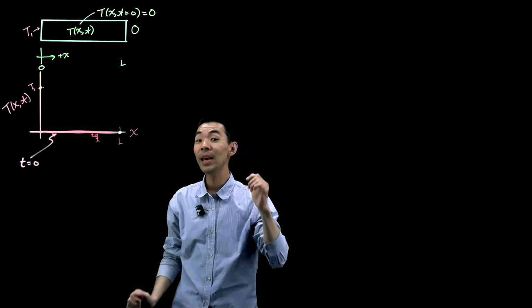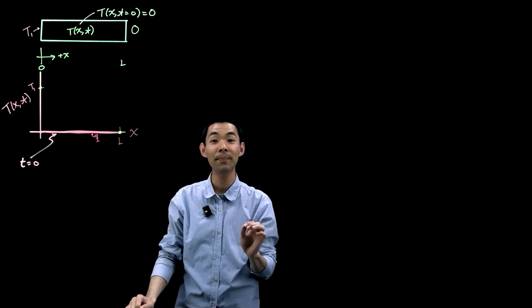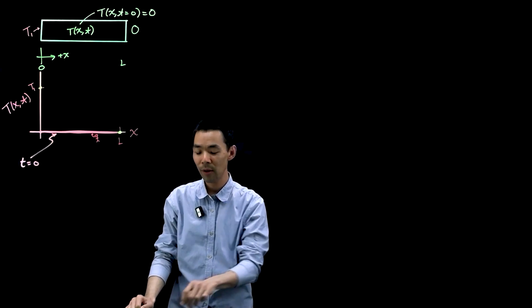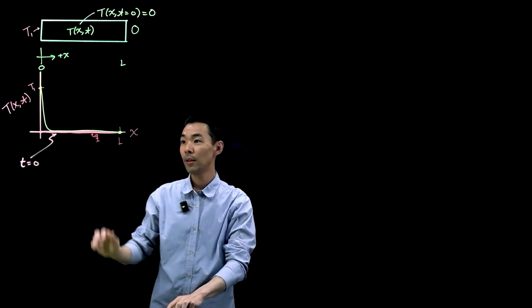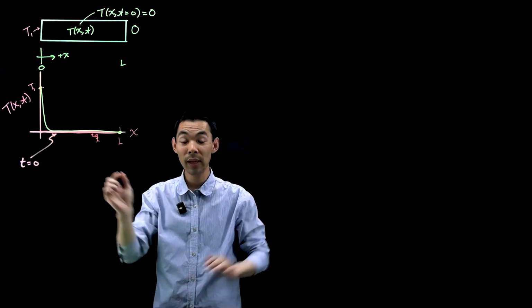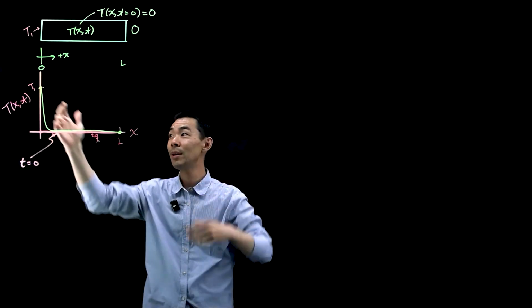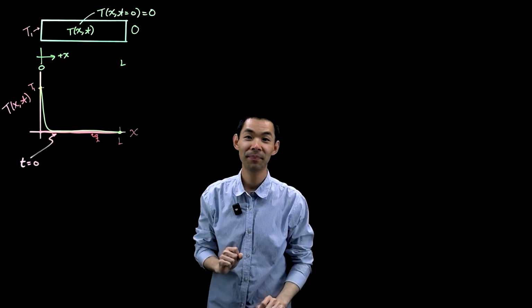Okay? Just based on that physical intuition, again, no math at all, just physical intuition, we know that the temperature profile must look something like this, just like that. So 0 all the way until very close to the boundary, it has to go way up to T1 because that boundary condition must be obeyed.